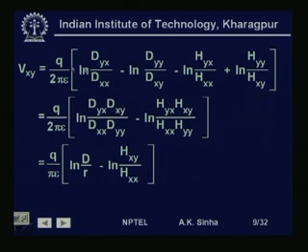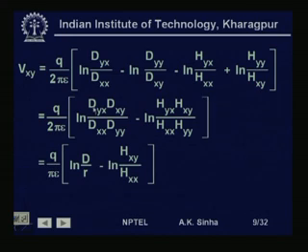Now, if we consider all these terms together and arrange them, we get q by twice pi epsilon log n d y x into d x y divided by d x x into d y y. That is, minus log n d y y by d x y can be written as plus log n d x y by d y y, and then we add these two together.